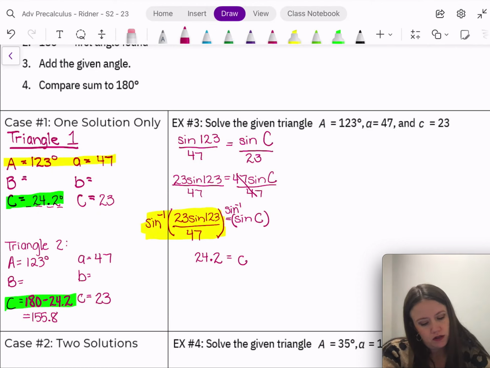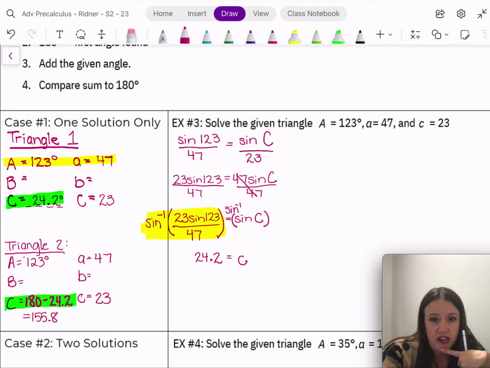Thinking about our second triangle here, if I have 123 degrees and I have 155.8 degrees, I am way over 180 degrees, which is how many degrees are total.